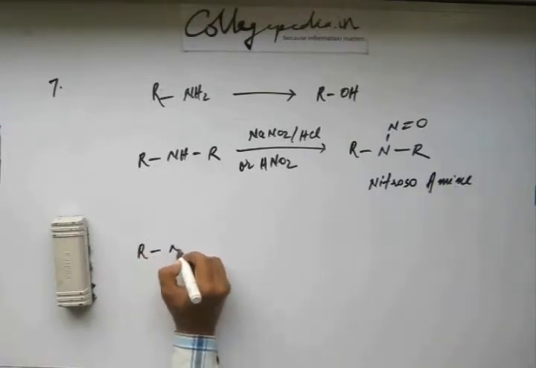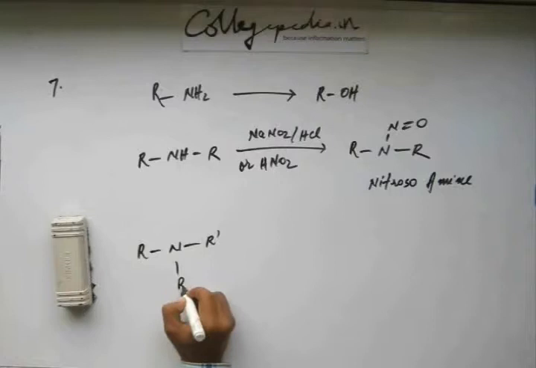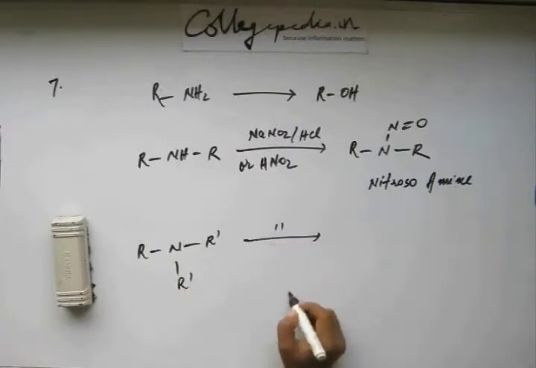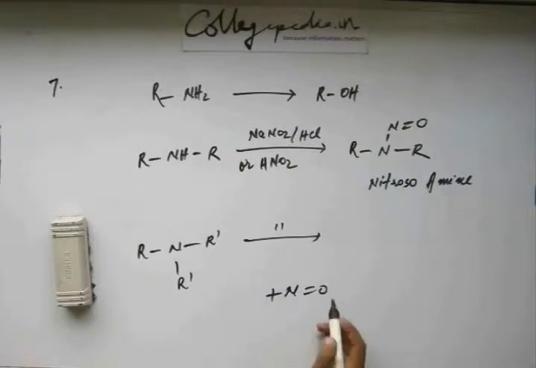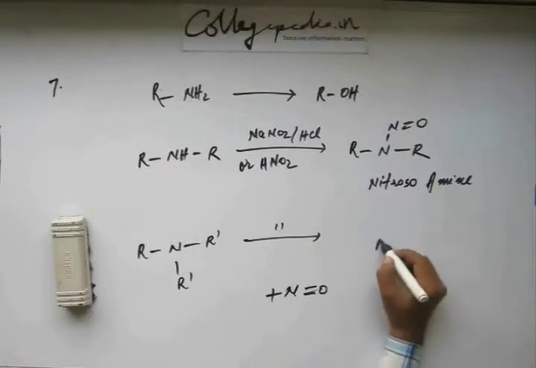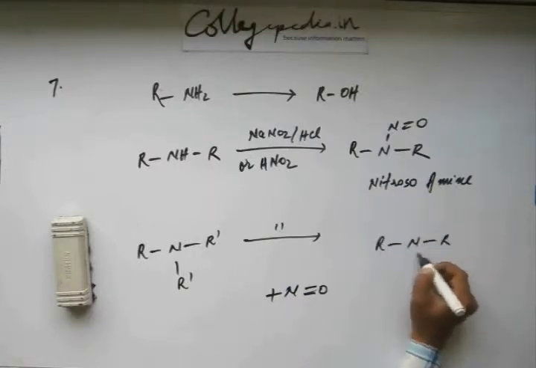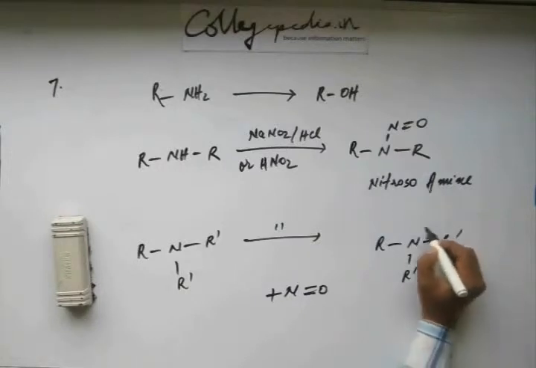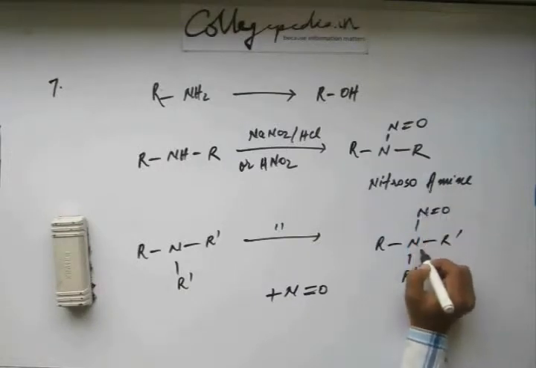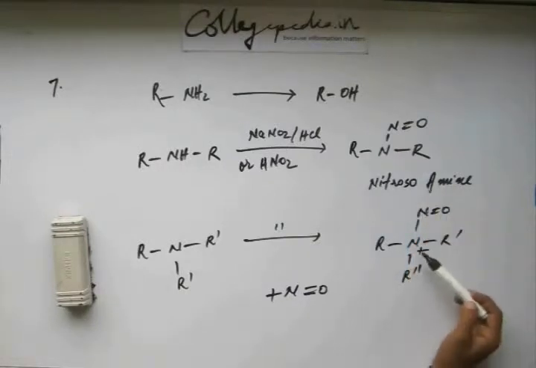If you take 3 degree amine and the same reagent, this same reagent is going to form the same reacting species once again, that is nitrosonium ion. And if you go for a reaction similar to that we had before, this nitrogen is going to gain a plus charge.